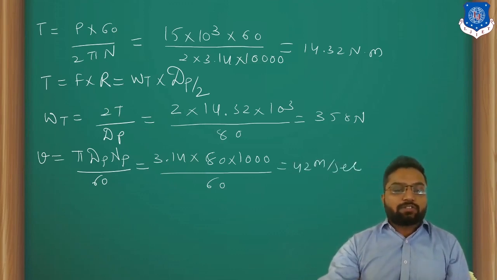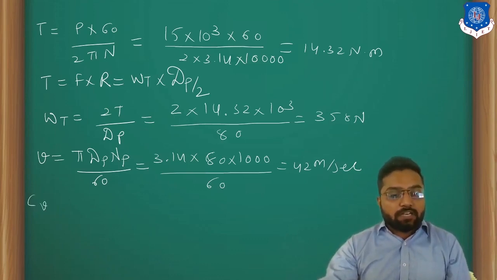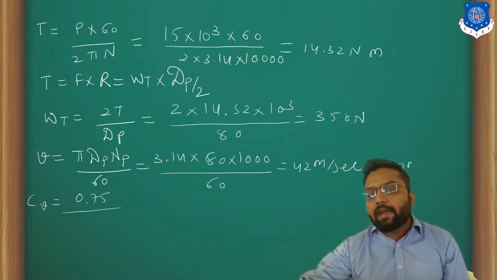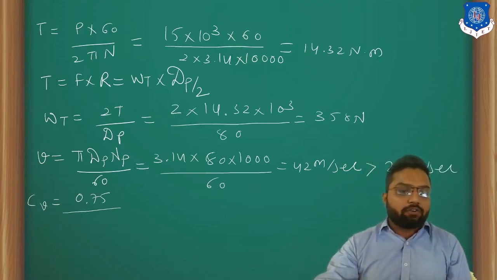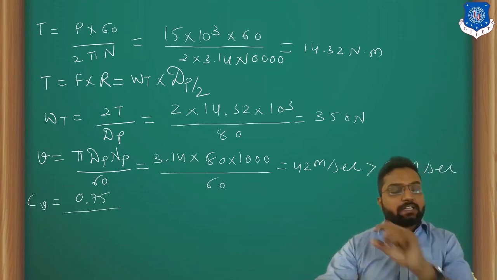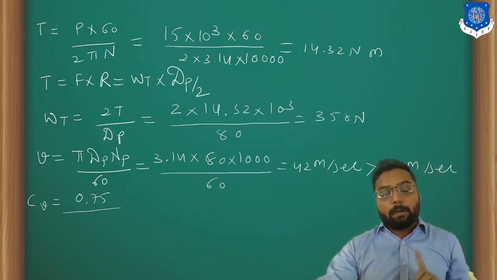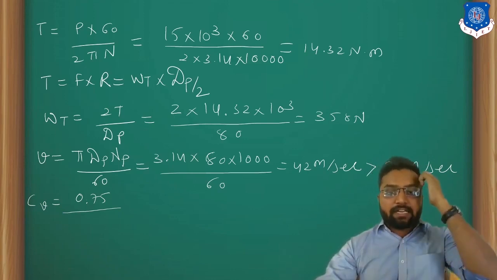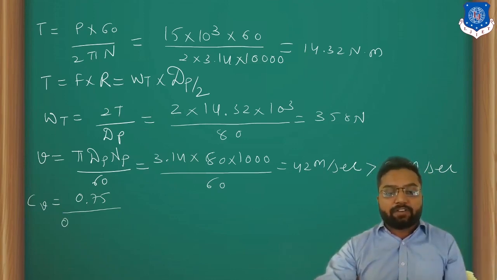So if we found this velocity 42 meter per second, our equation for velocity factor will be 0.75 divided by, because it is way higher than 20 meter per second. So all we have to find is CV, which is given in our design data book, as well as we have discussed that when velocity is greater than 20 meter per second, it is 0.75 divided by 0.75 plus under root v, sorry, under root v, which is 42.